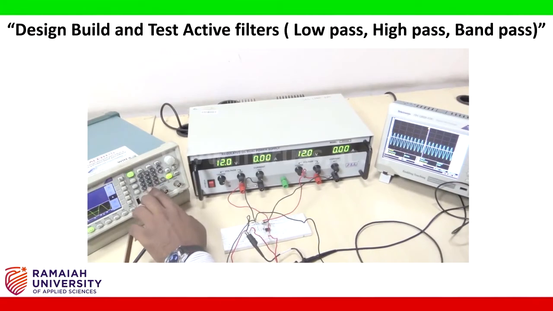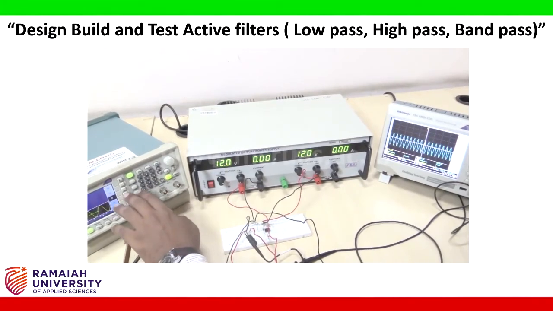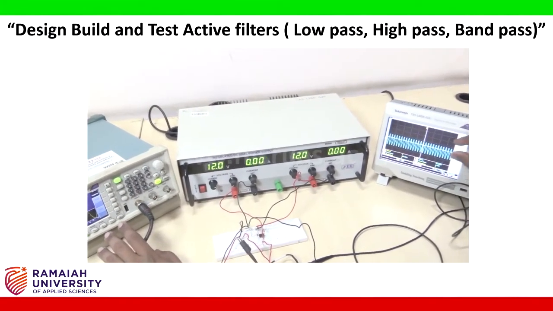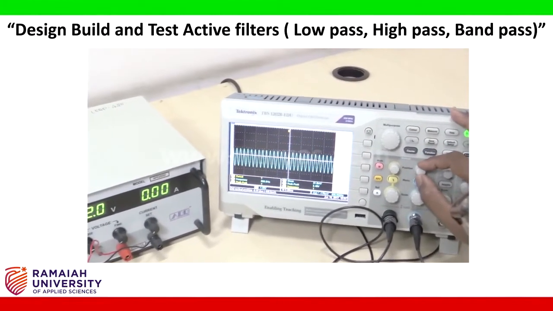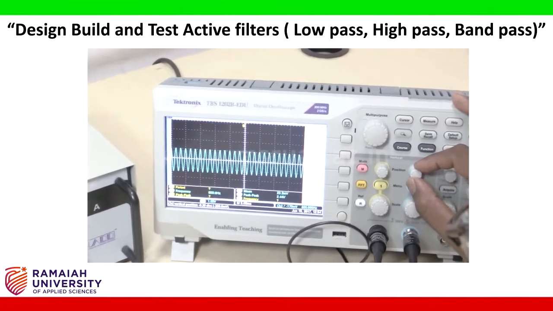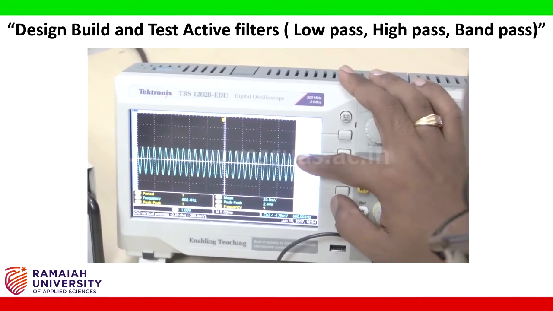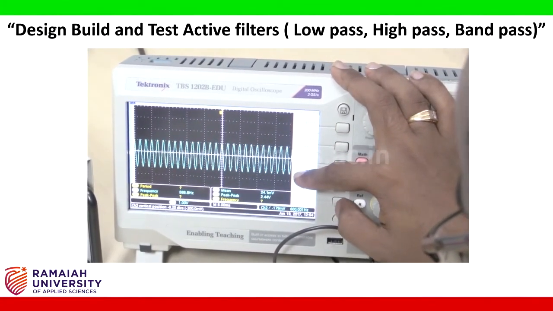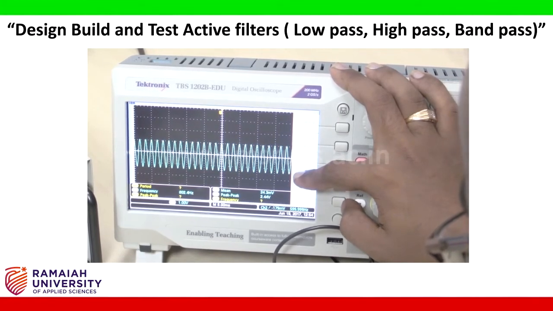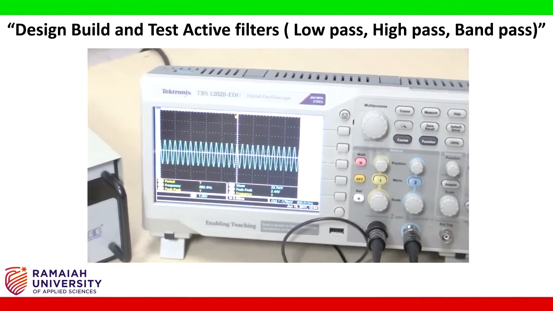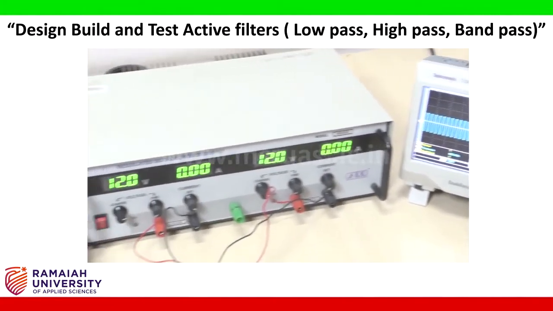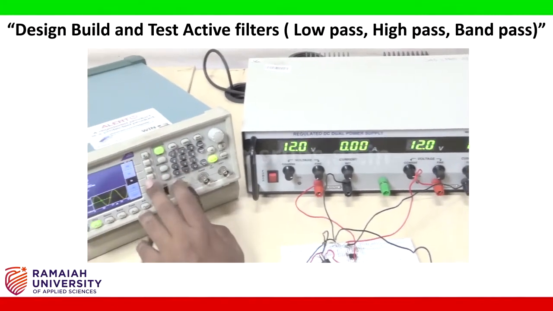I changed to some 600 hertz. Now you see the amplitude slightly decreases, 1 division, 2 division, 2.3 volt peak to peak. Because some, I'll put some 500 hertz.